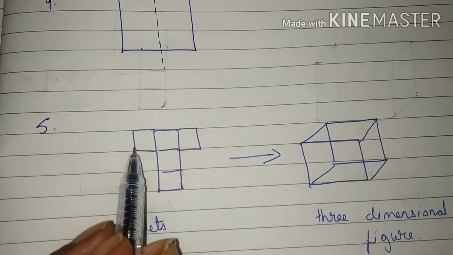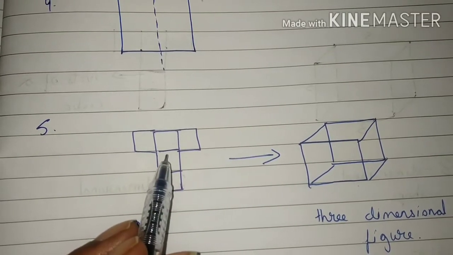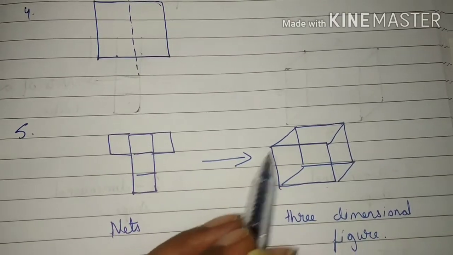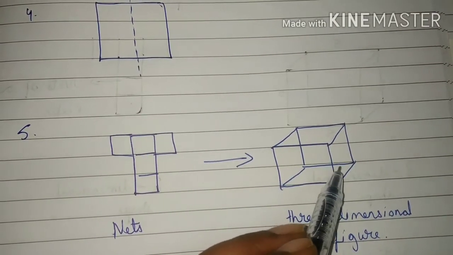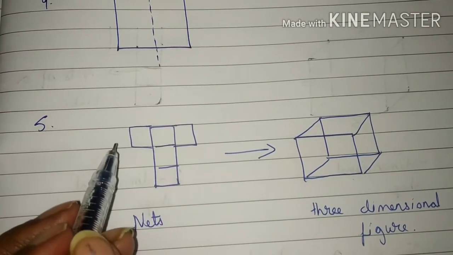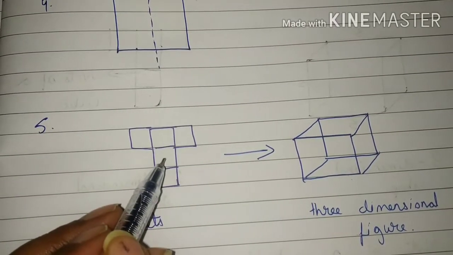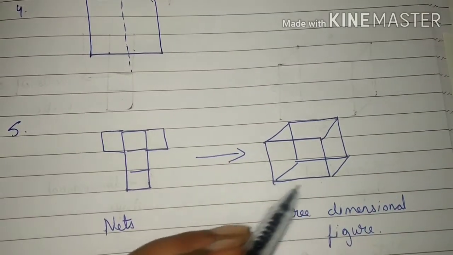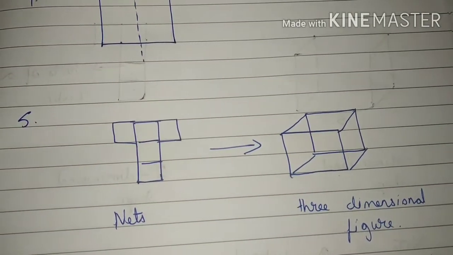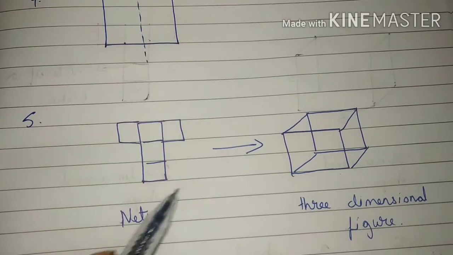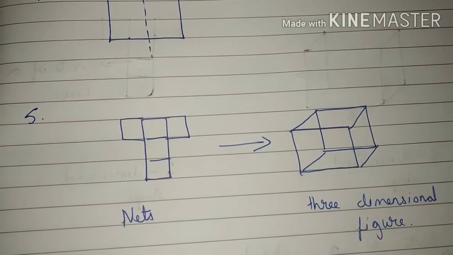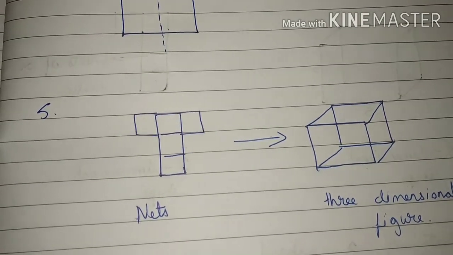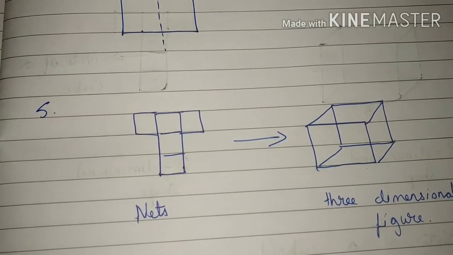Now students, if you fold this figure, then it forms like this and this is a three-dimensional figure. It means net is a two-dimensional figure that can be folded to form a three-dimensional figure like this. So students, this is called net. So basically, net is a two-dimensional figure that can be folded to form a three-dimensional figure.